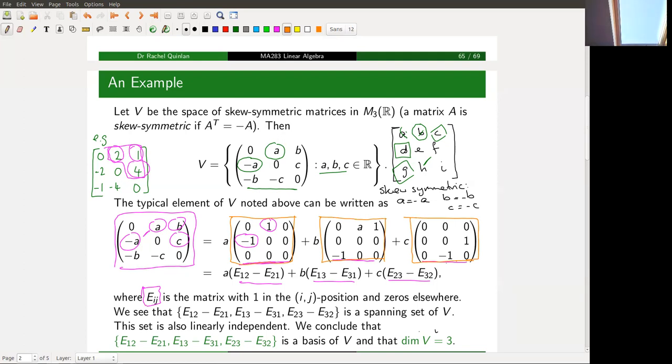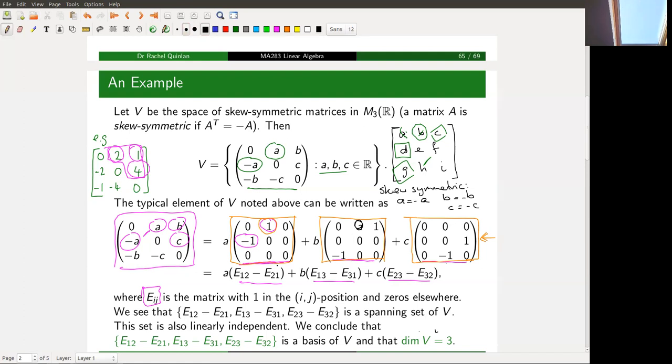So what we have written on the right-hand side of this line is essentially a linear combination of those 3 matrices. If that linear combination was equal to the 0 matrix, well, by looking at the entry, for example, in the 1,2 position, that would be an A from the first contribution plus, oops, there's a typo here, sorry, this should be a 0, of course, plus a 0 from the second contribution, plus a 0 from the third contribution.